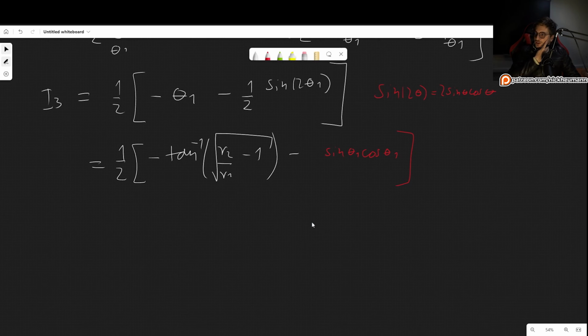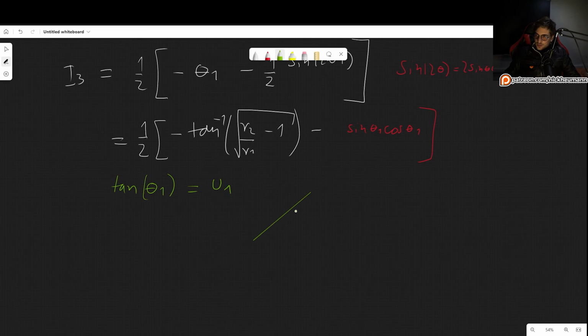So now the question is, what is sine of theta 1 and cosine of theta 1? To answer that question, let's remember that the tangent of theta 1 is equal to u1. So if we draw a triangle, these are, of course, 90 degrees, and we call this here theta 1.